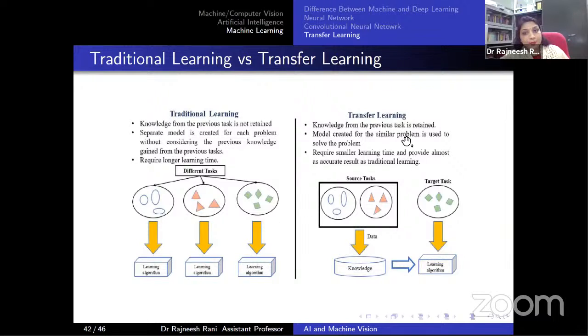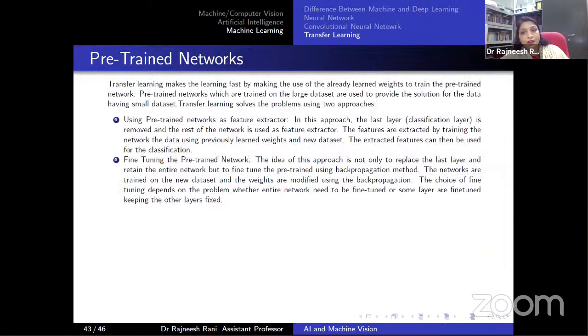But with the concept of transfer learning, you can make one model for one particular type of task and use that model for other types of tasks. For example, if you have made a model for fruit and vehicle, you can use it for characters also. That means a number of features have been learned from these sources, and from those features you can solve any other type of problem. So a lot of computation has been reduced.